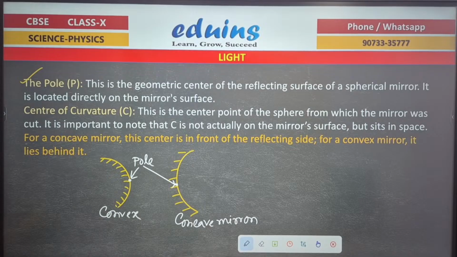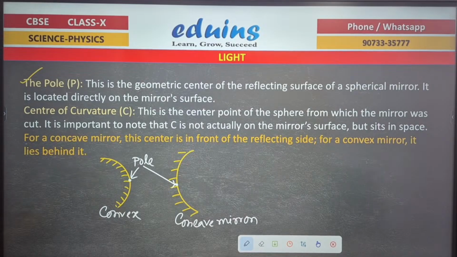We have to assume that we cut the mirror from a spherical surface, from a sphere. The center point of the sphere from which it is cut is known as the center of curvature.